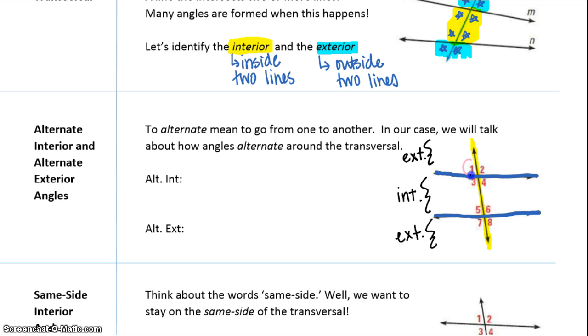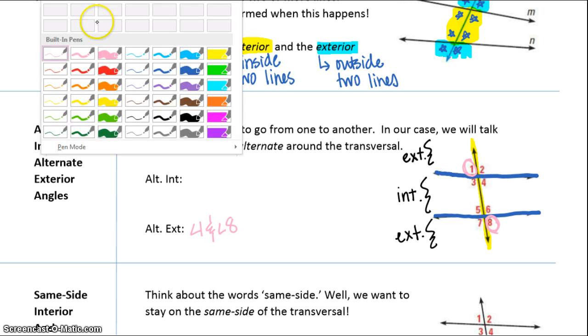Angle 1 right here is on the exterior. So look on the exterior, but go on the other side of the yellow line. So if we're on the other side of the yellow line, we're over here, and we want to be outside of it in the exterior. So this would be an alternate exterior angle. So angle 1 and angle 8 are alternate exterior angles.